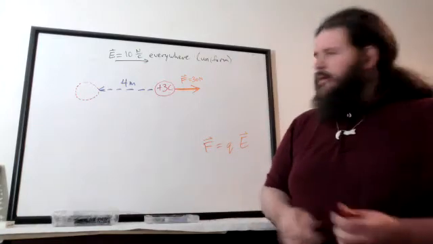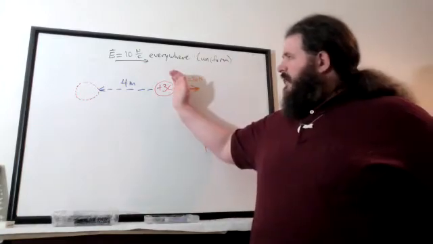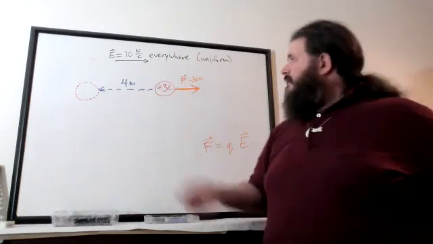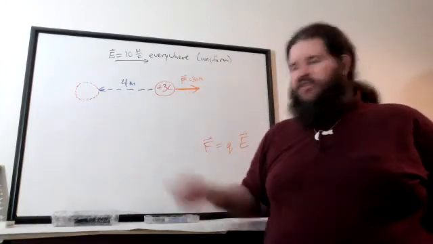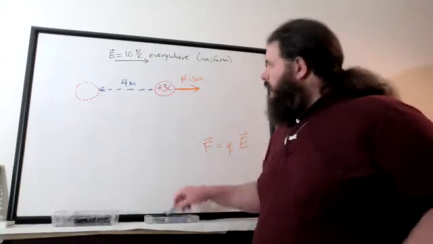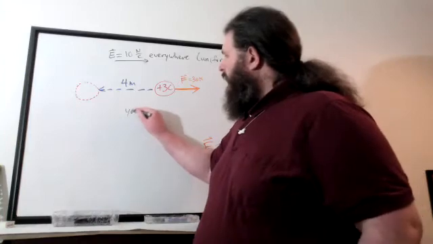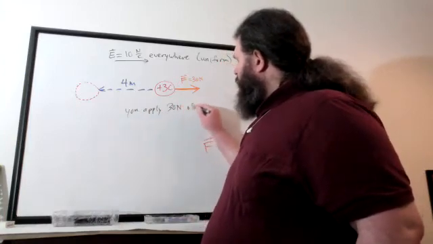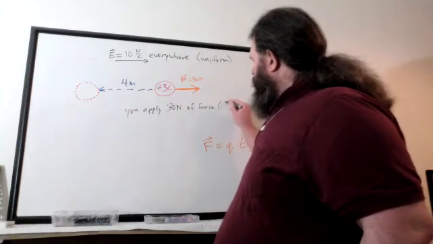As you do so, let's say you're just pushing it gradually at a constant slow velocity. You're going to have to apply 30 newtons of force just to counteract the 30 newtons of force that are already on it. So to move it, you apply 30 newtons of force to the left.